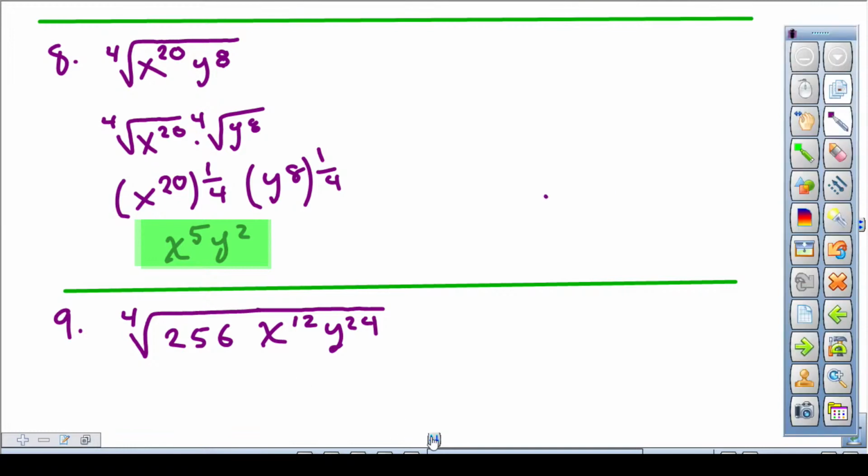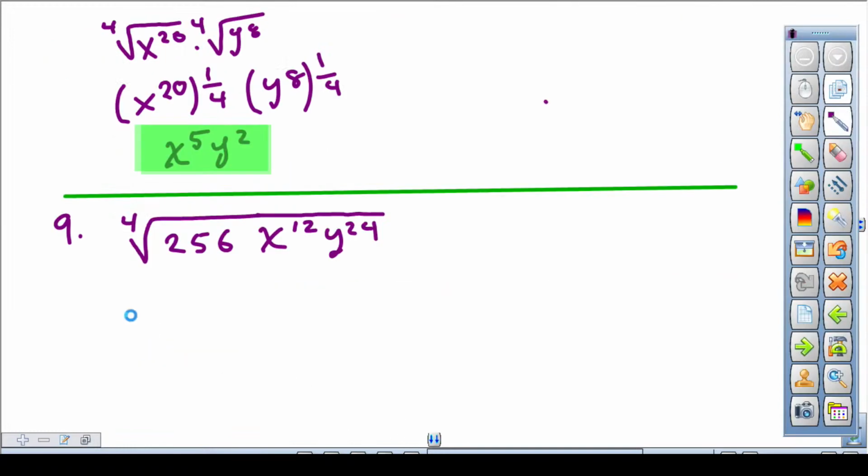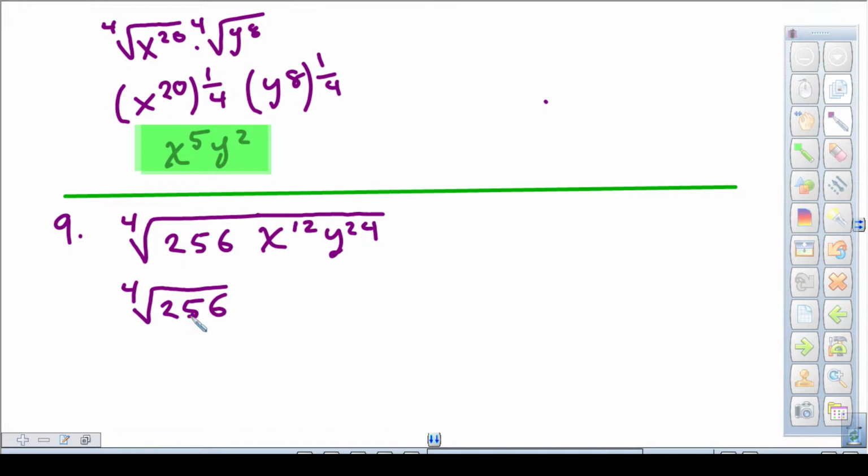Someone has to choose the other choice here. Good thought. And that's going to be a smaller base, basically, is what we're looking for. So a fourth root of 256, which is going to be 8? Fourth root of x to the 12th, fourth root of y to the 24th.